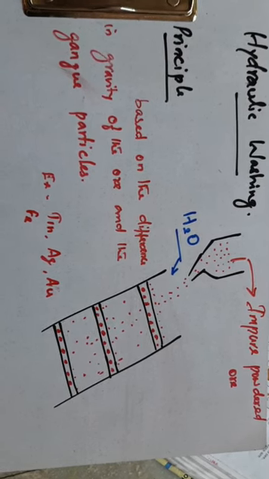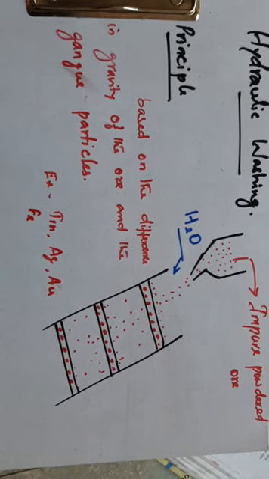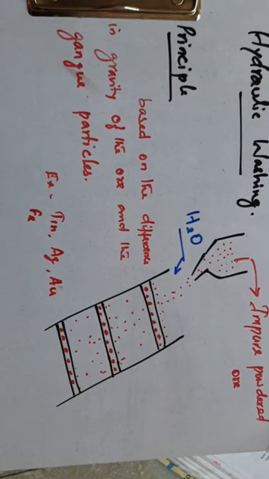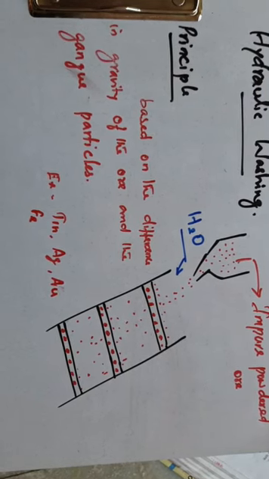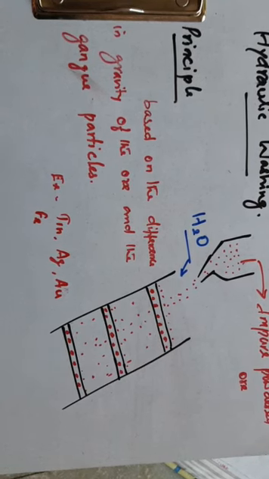For example, tin, silver, gold and iron are heavier metals. How can we remove these lighter impurities?